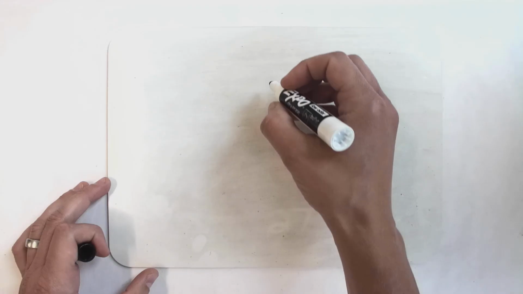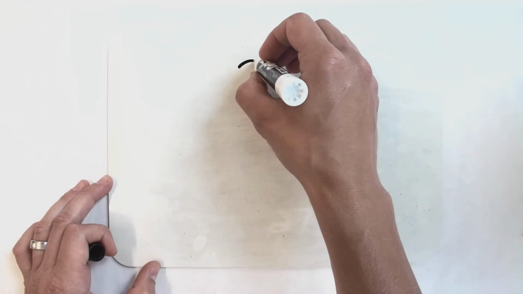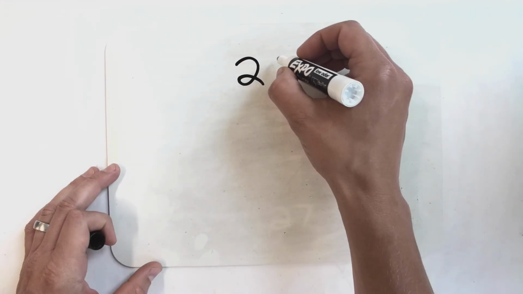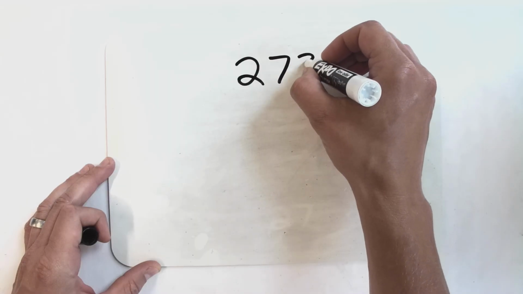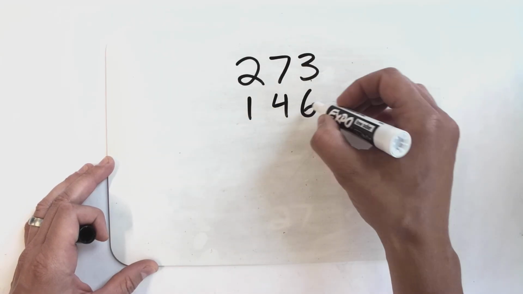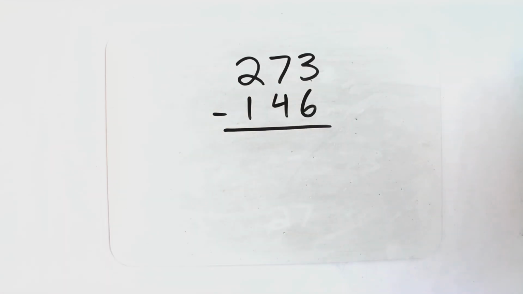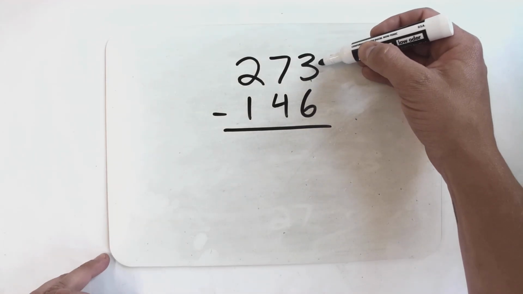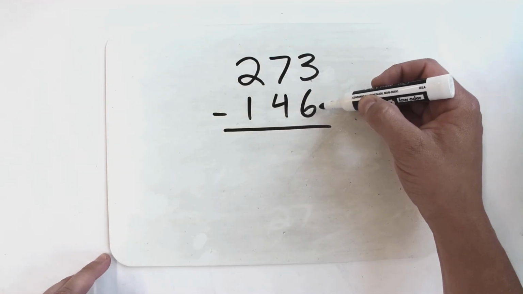And then our abstract model is the actual standard algorithm in the format that we're used to seeing. So we had 273, and we're going to stack these vertically. We want to start with our ones place value. From the 3 ones, we want to subtract 6 ones.